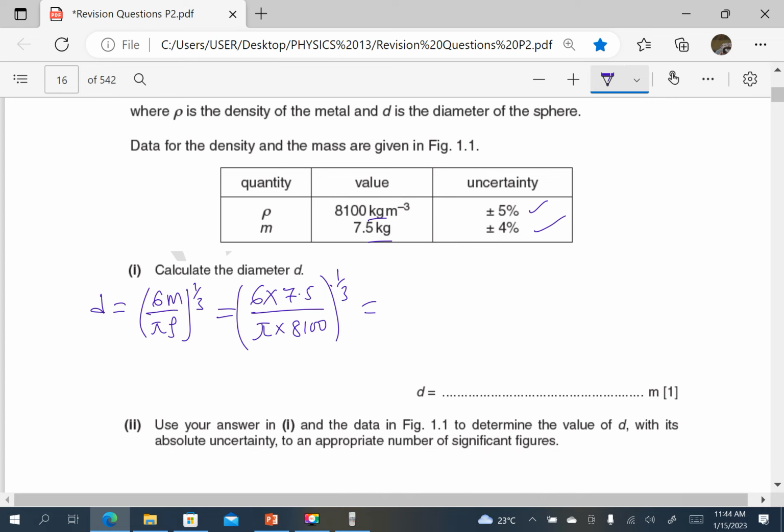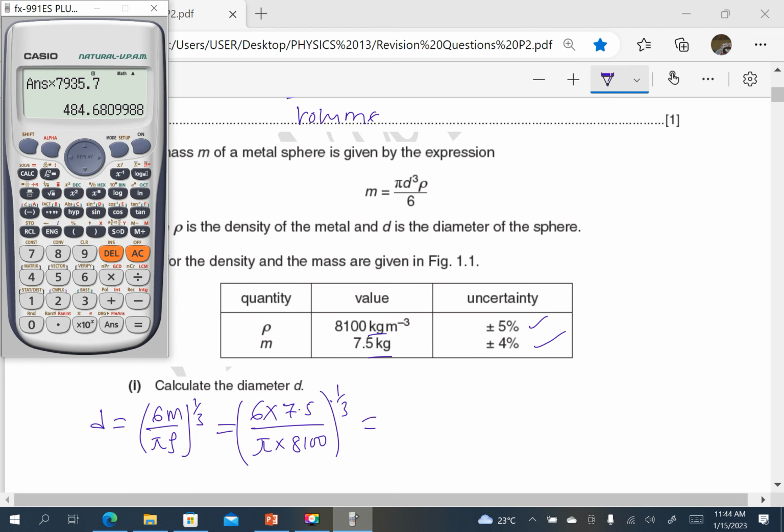So let's press our calculator and see. So 6 times 7.5 divided by pi times 8100. Then we find the cube root of the answer.